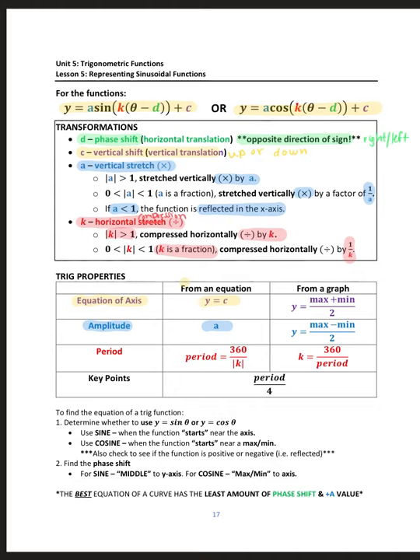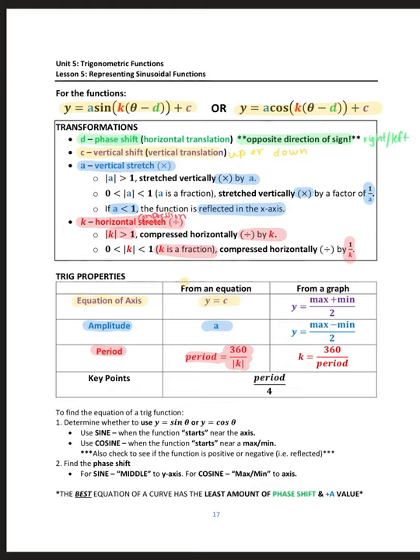And then finally, our k value will help determine our period. So when we know our k value, we can take 360 and divide it by k to determine what our period is.